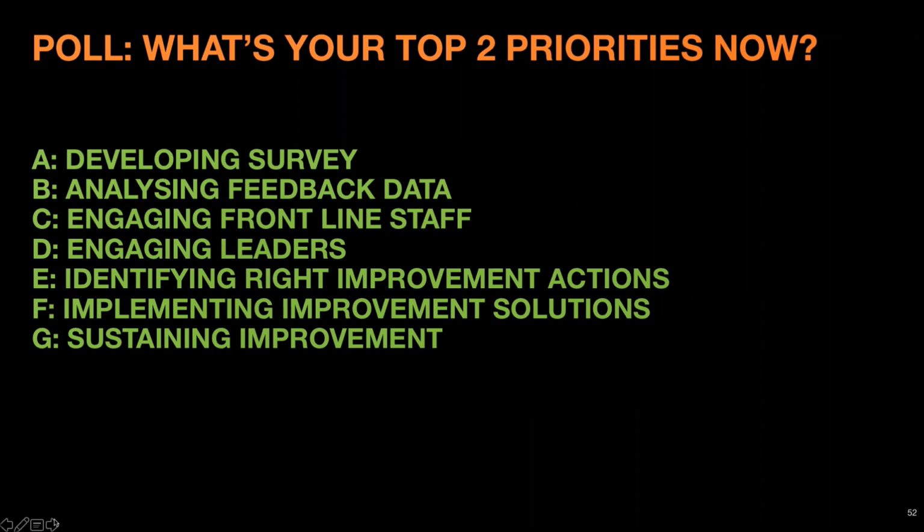And for Lynn and so on, it's around engaging leaders and frontline staff, E and G. Anne-Marie talked about E and G and type G a lot of times, which is around sustaining change. So knowing what that right improvement action is.